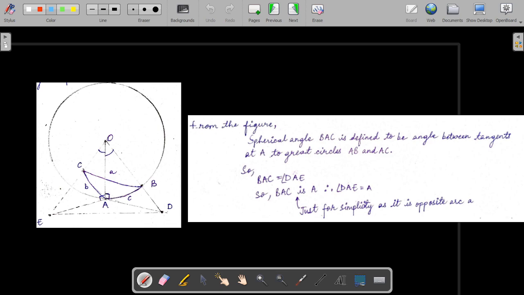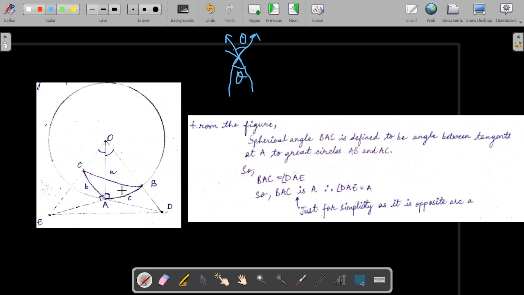And the other tangent is to the great circle passing through AB. As you have studied, the angle between these tangents, theta, would be the angle between these great circles at the intersection.